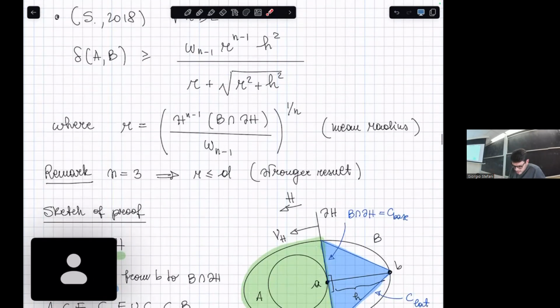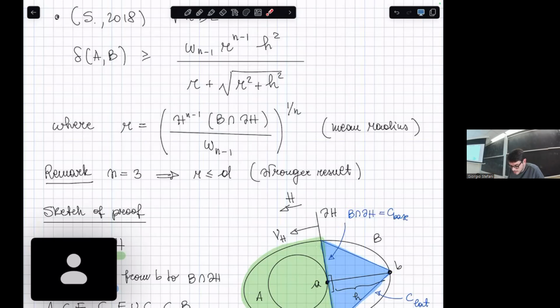The radius is given in this way. So I will take the area, so the n minus 1 dimensional surface of B sliced with this H. Okay, I will take the intersection between the boundary of H and B. I will measure this area surface, which has dimension n minus 1, so it is an area surface. And I will take the radius that I need to put this area as a disk. Okay, this is the definition of R.